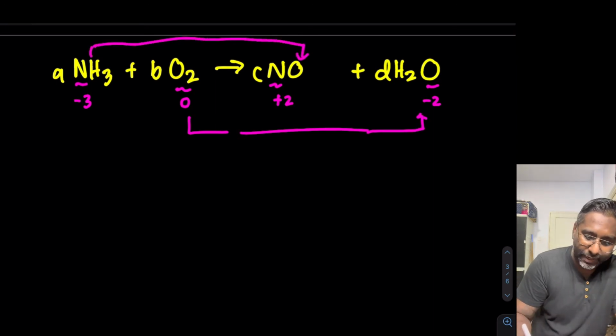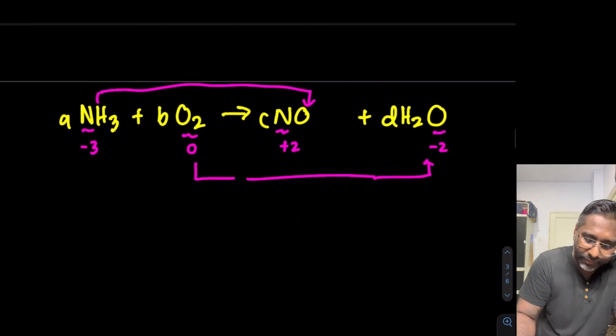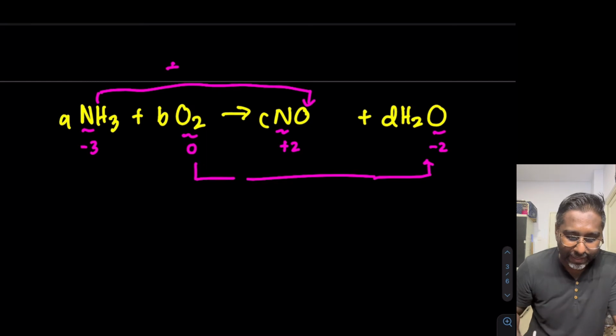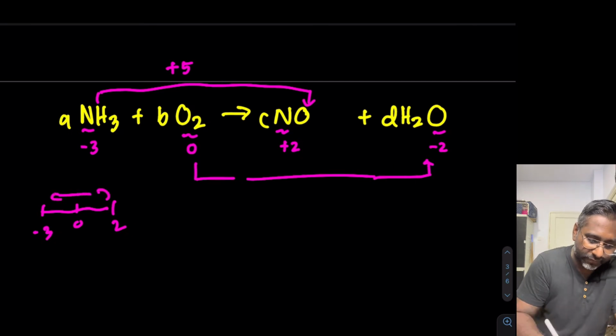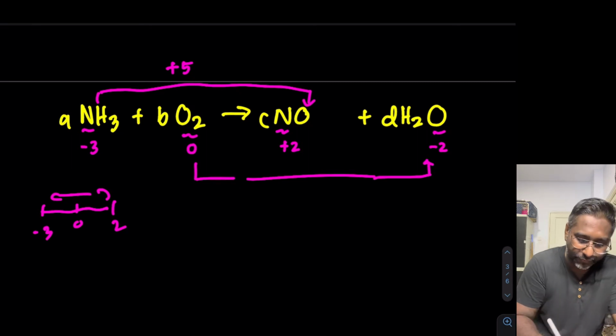So here we are dealing from here to become this, and from here to become this. Here, -3 to become +2, that's going to be a gain of 5 units, +5, because from -3 to 0, and then 2, so 5 units.